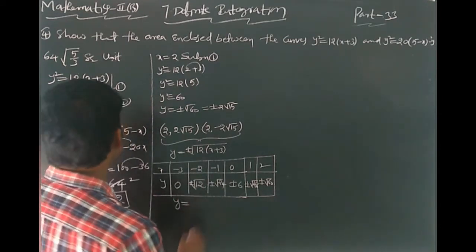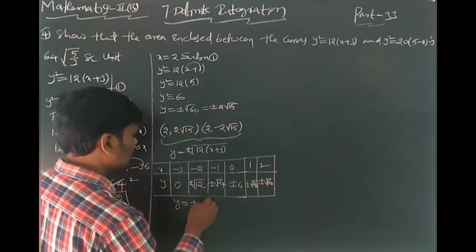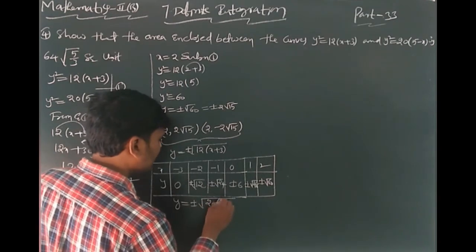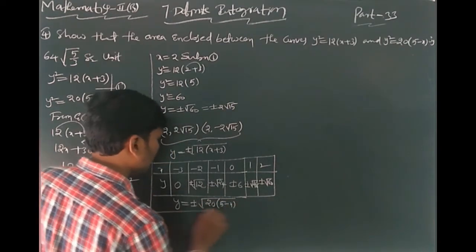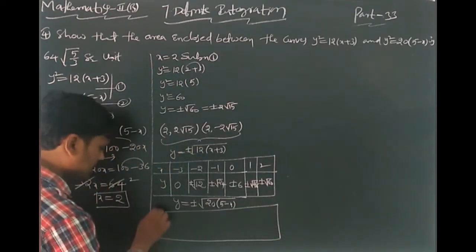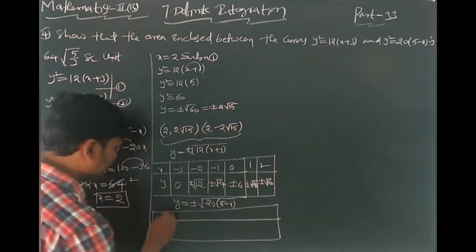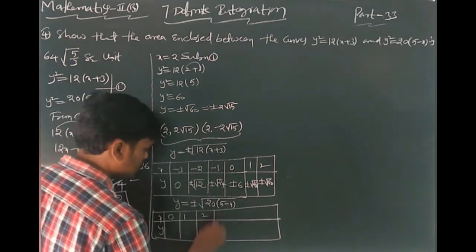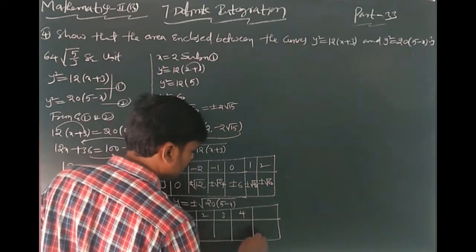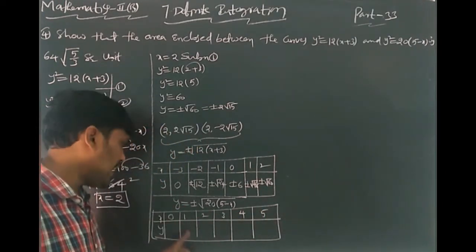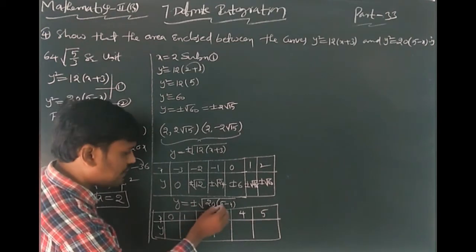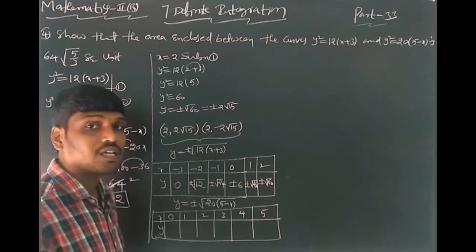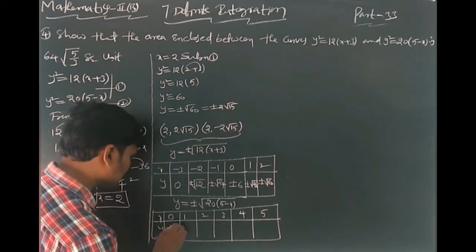The second one is y equal to plus or minus square root of 20 into 5 minus x. We take a table with the values 0, 1, 2, 3, 4, 5. If x is 0, 20 fives are 100, so plus or minus 10.